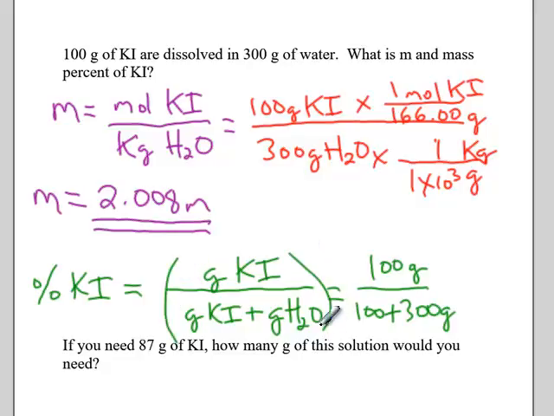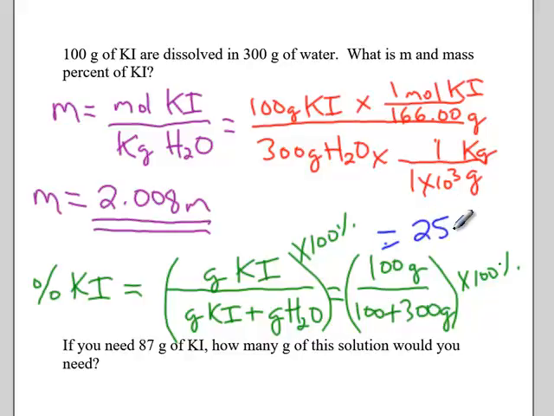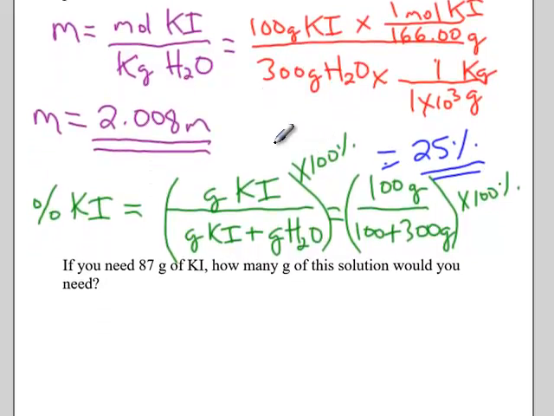Oh, I forgot, I have to turn it into a percent, multiply by 100. And so I get 100 over 400, or 25% potassium iodide. Now we can use those concentration units as conversion factors.